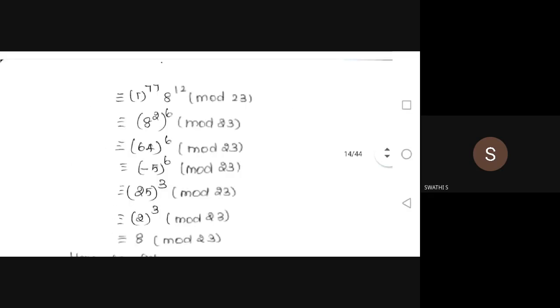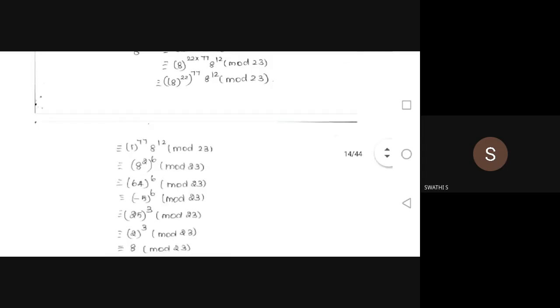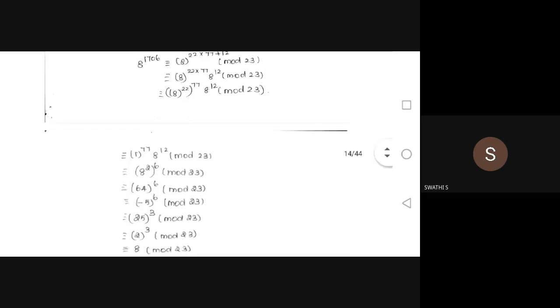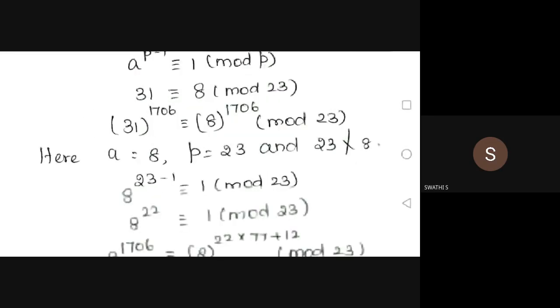So 8 power 1706 is congruent to 8 mod 23, which means when 8 power 1706 is dividing by 23, you can get the remainder 8. But 8 power 1706 is congruent to 31 to the power 1706.